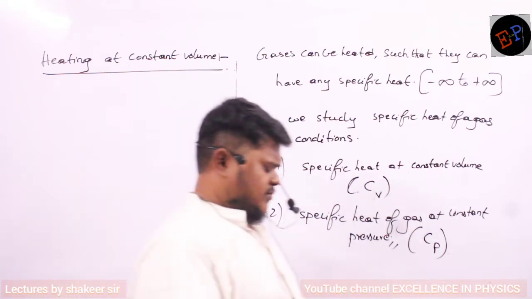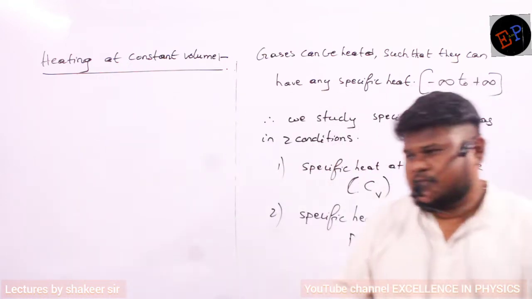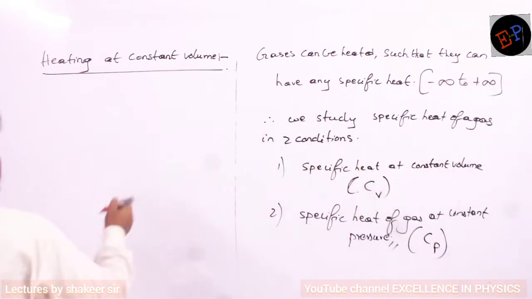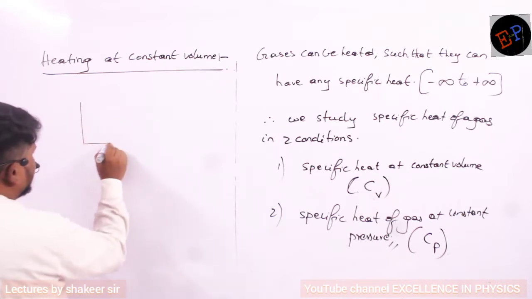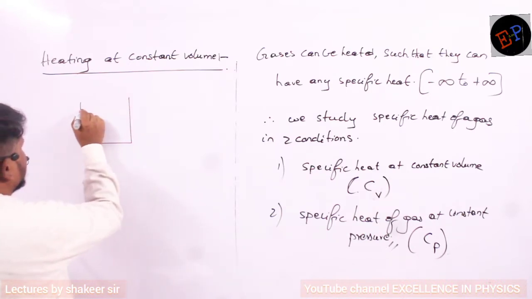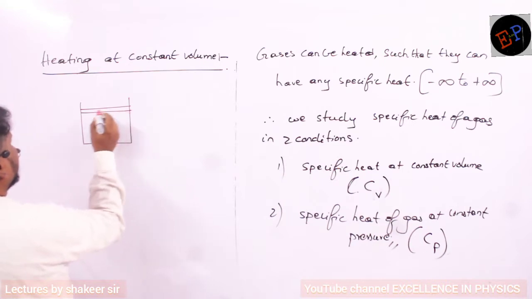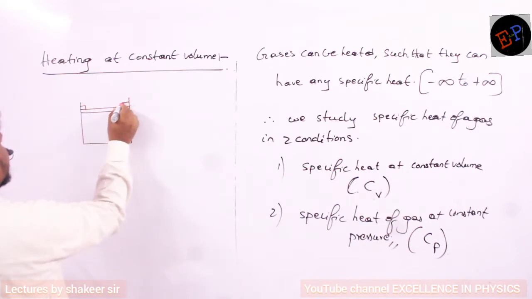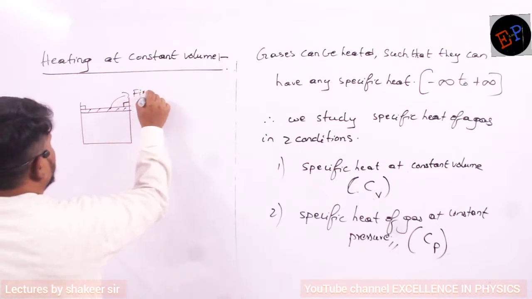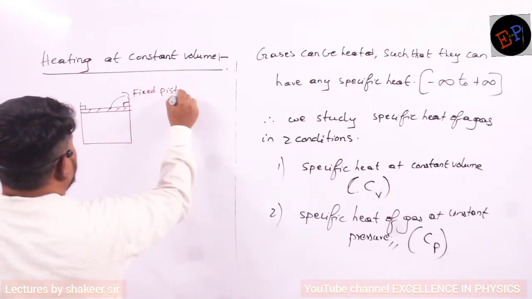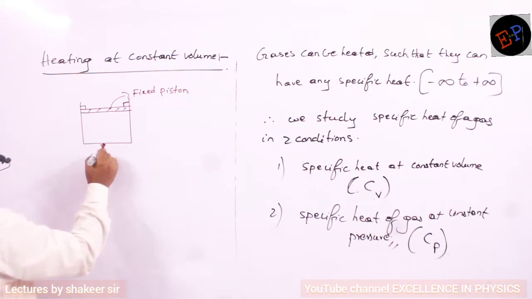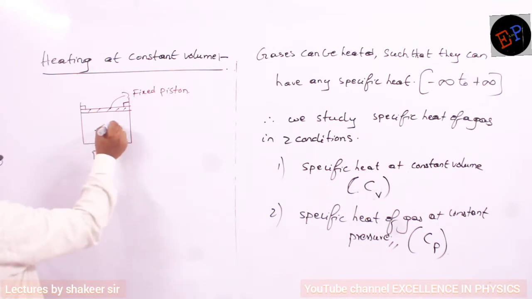So we will use the first law of thermodynamics. What is the first law of thermodynamics? So this is a gas container. This is a piston, and this piston is fixed here. It is not movable. Fixed piston. Now we are supplying heat energy to this gas.